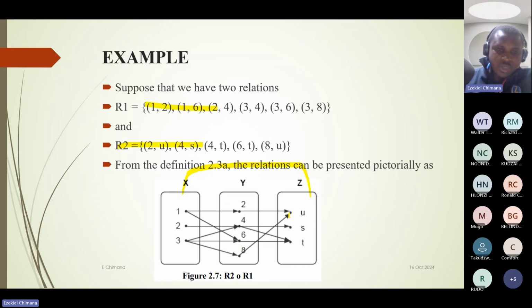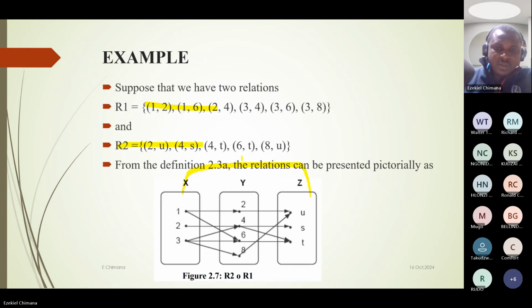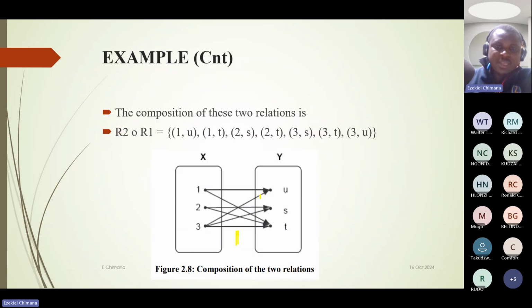We are going to have (1, U), and also (1, T) through this 6 here. We can have (2, S), and also (2, T). So that's what you'll be doing there.